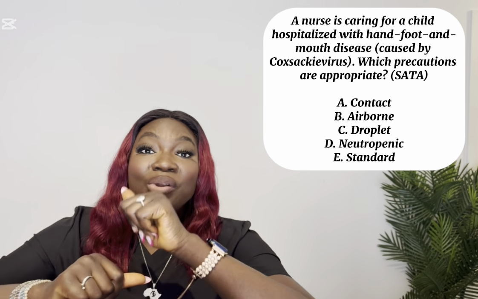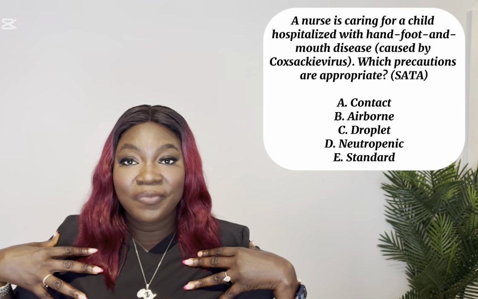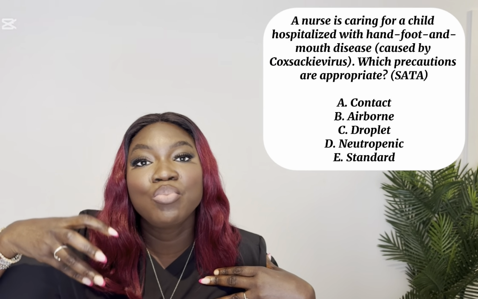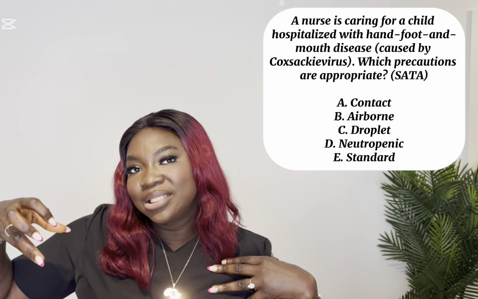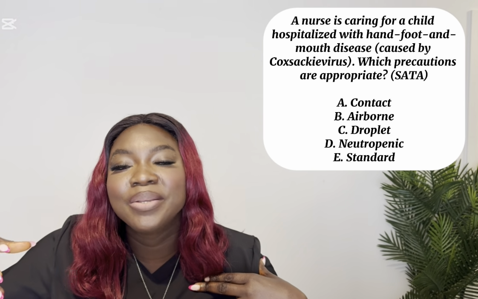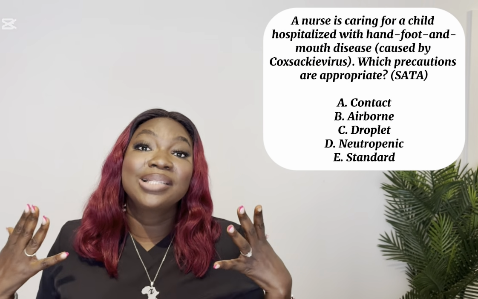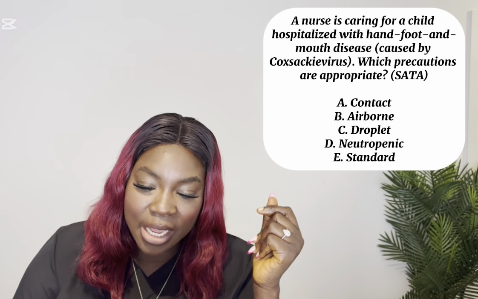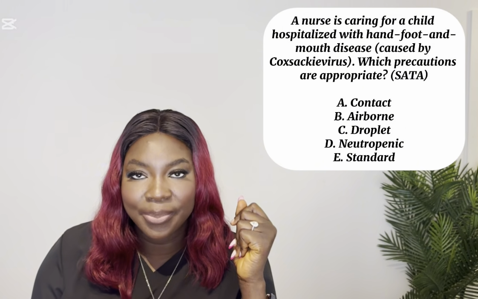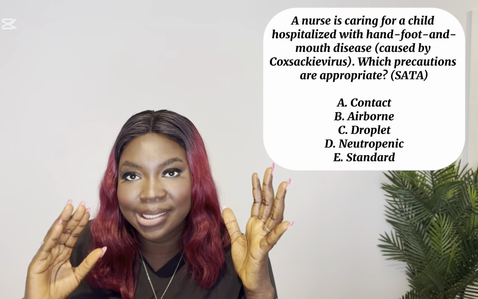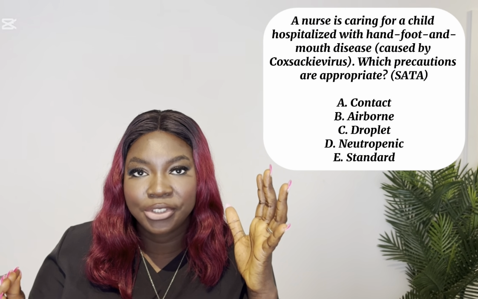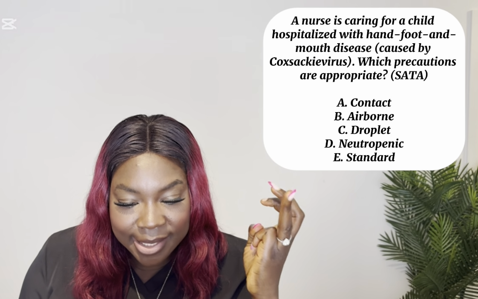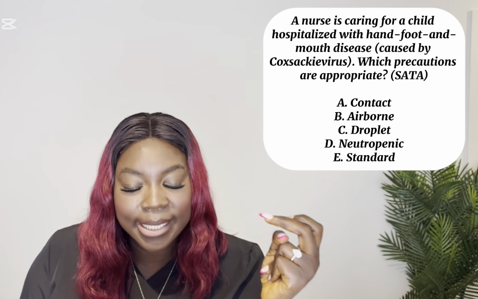You are protecting the patient from getting infections from every other person. Why? Because the patient is immunocompromised. A patient on chemotherapy is immunocompromised, so you are protecting them from getting infection. So that's neutropenic isolation. And standard precaution, absolutely. Standard is used for all patients. So our right answer is A, C, E: contact, droplet, and standard.